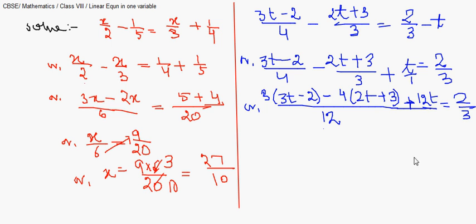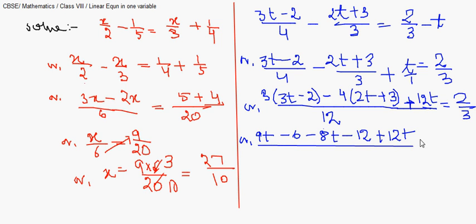We'll now remove the brackets here. That will give us 9t minus 6 minus 8t minus 12 plus 12t by 12, is equal to 2 by 3. Now we will solve the t part first.